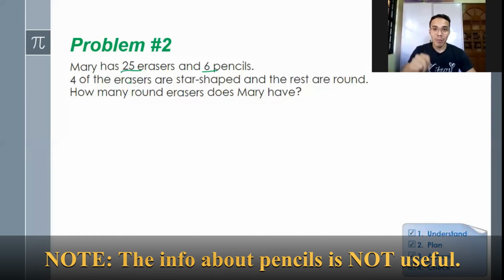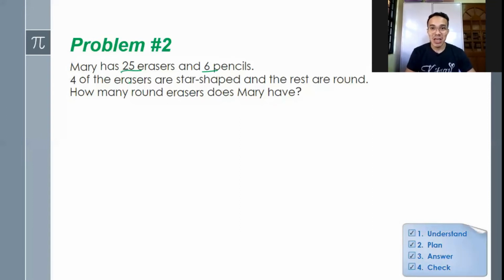Mary has 25 erasers, and the problem mentioned the shapes of these erasers. What are the shapes? We have star-shaped and round. Star-shaped, star, round, circular, or circle. And how many of these erasers are star-shaped? It says here, 4.